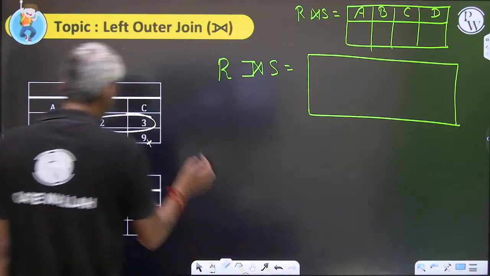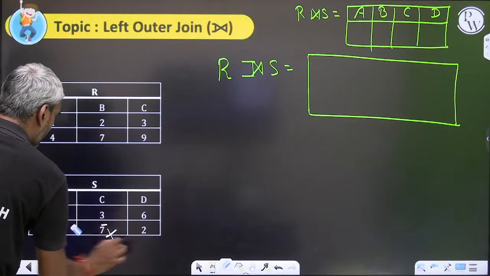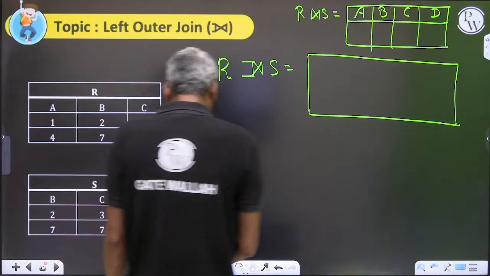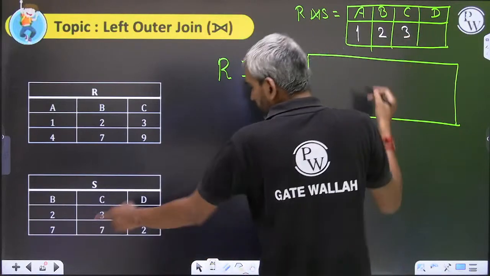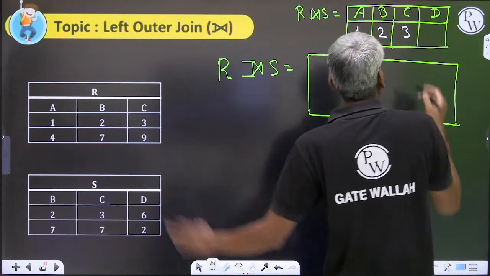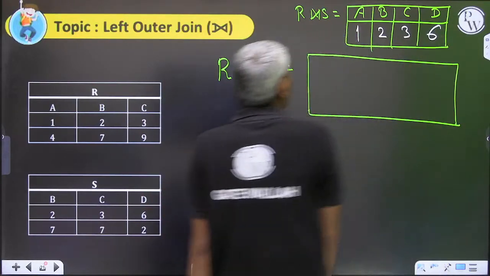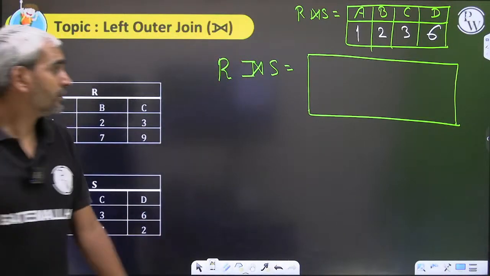Therefore, in R natural join S, A, B, C will be 1, 2, 3, and the value of D with respect to B, C values 2, 3 is 6. So this is your natural join.